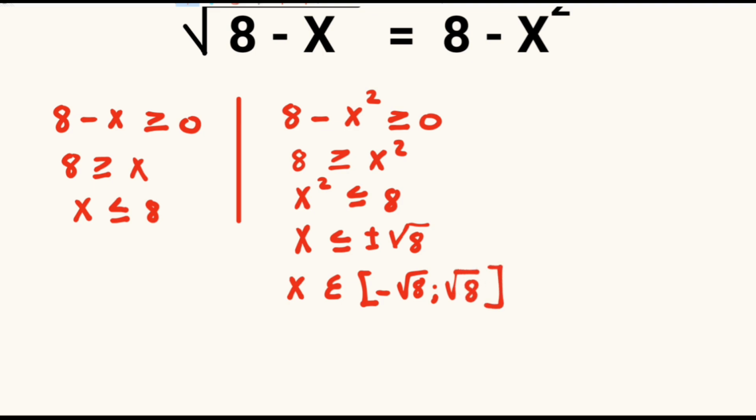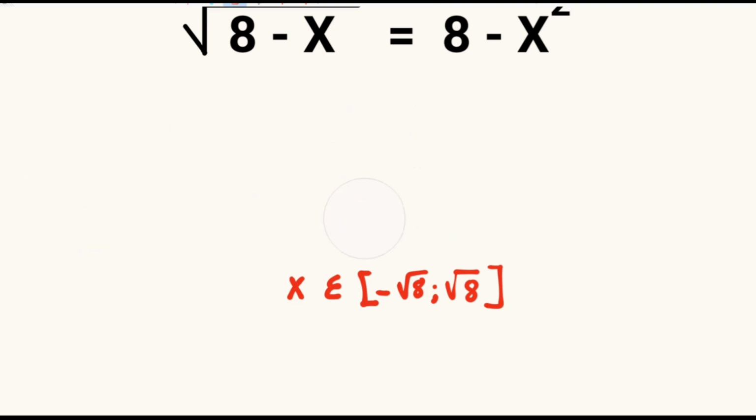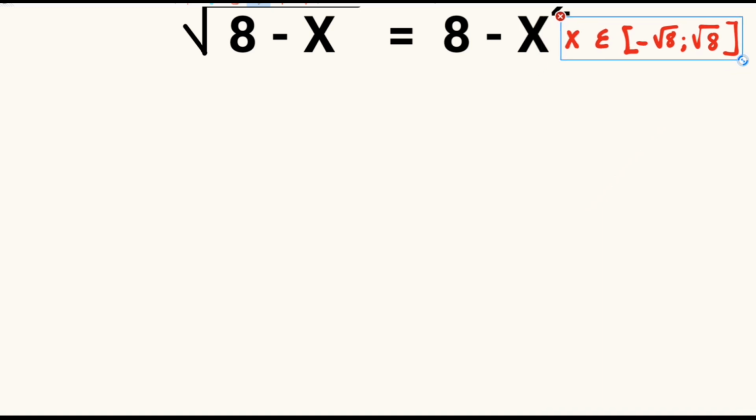The conditions imposed by the right hand side of this equation are much more strict than the conditions of the left hand side of the equation. So we are not going to go with the conditions of the left hand side of the equation. Instead, we'll go with the conditions of the right hand side of this equation.